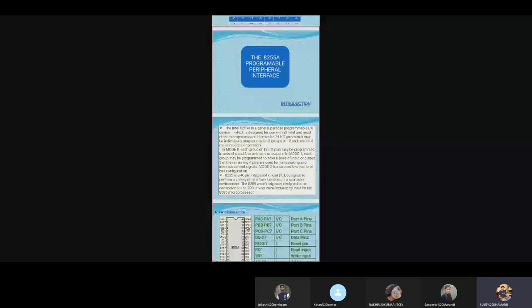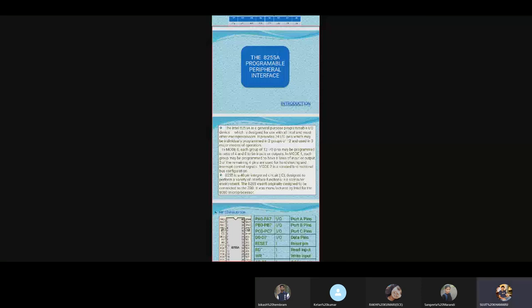three major modes. The major modes are mode 0, mode 1 and mode 2. In mode 0, each group of 12 I/O pins may be programmed in sets of 4 and 8 as input or output.